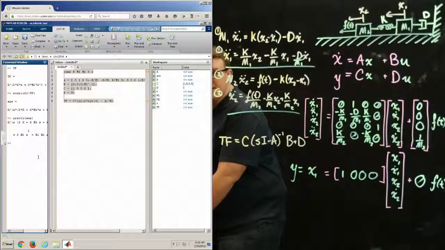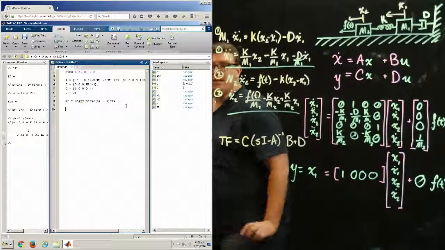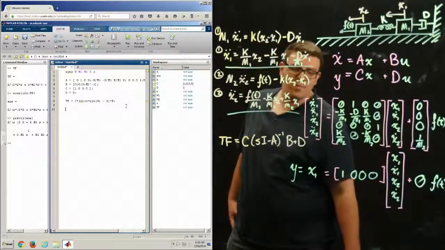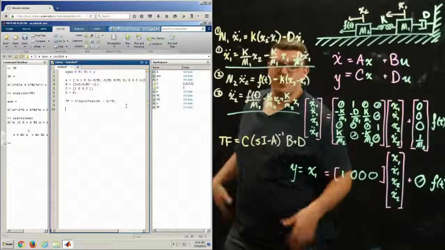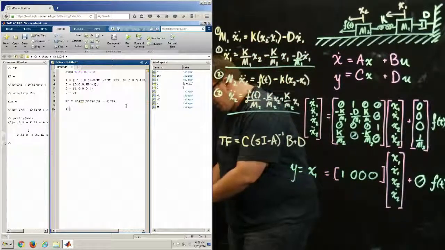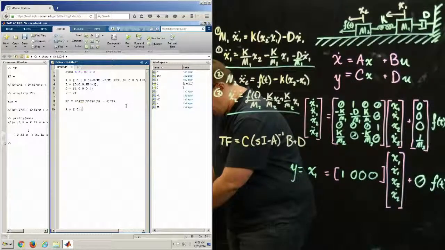So the other thing that we can do very quickly is if we create these matrices with numbers, so let's just assume that all of our values are 1, because life is easy when everything is 1. We can say that A is 0, 1, 0, 0.